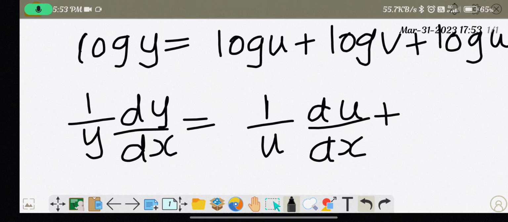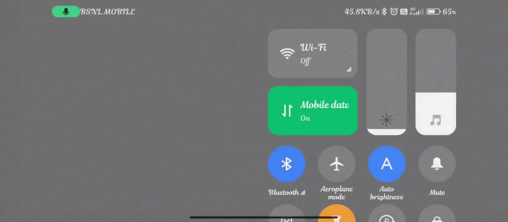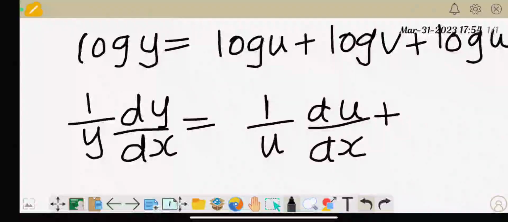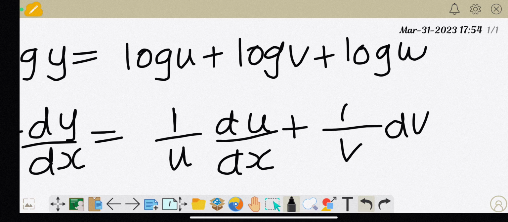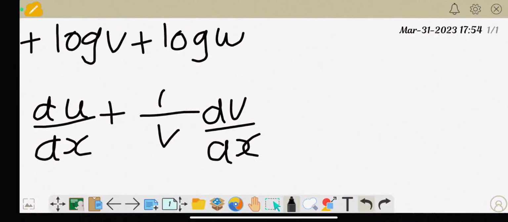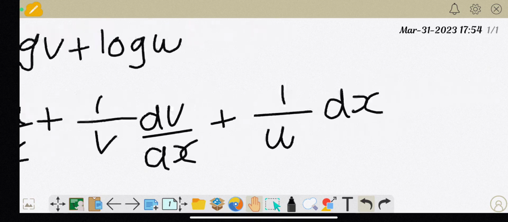Plus 1 by v dv by dx. Plus 1 by w dw by dx.